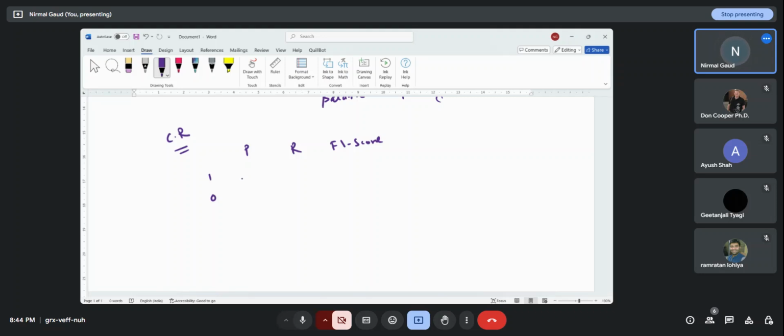If you are considering binary outcomes, let us say this is positive, this is negative, so their values are present.